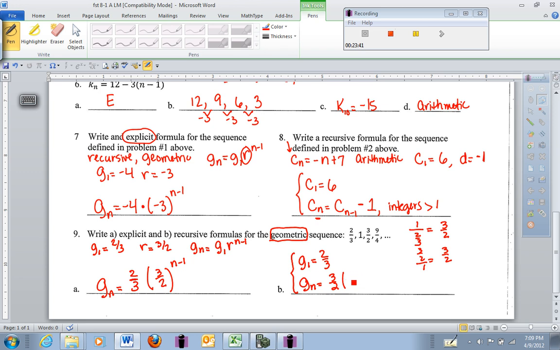Probably didn't need a parenthesis there, but the previous term, which would be, I'll just make it into a star, g sub n minus 1. Okay? Then we're going to say this is for integers n greater than 1. This would look better. I'll rewrite it down here. It's 3/2 times the previous term. So g sub n equals 3/2 times the previous term.